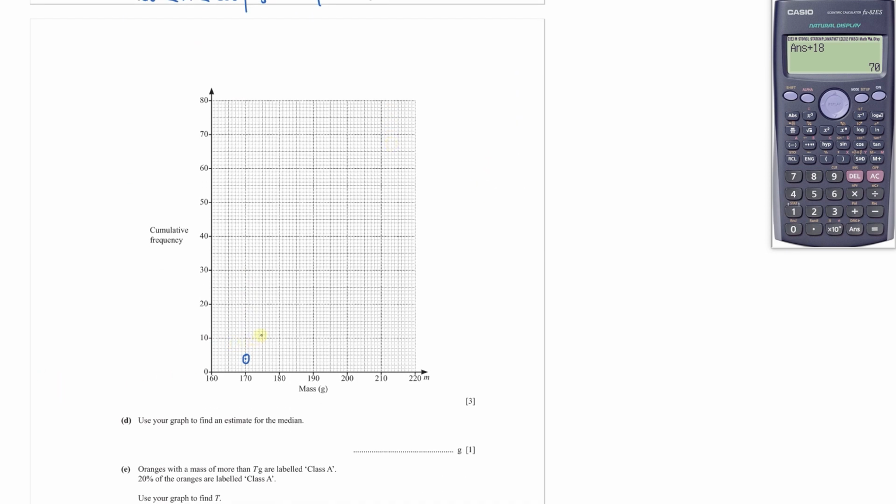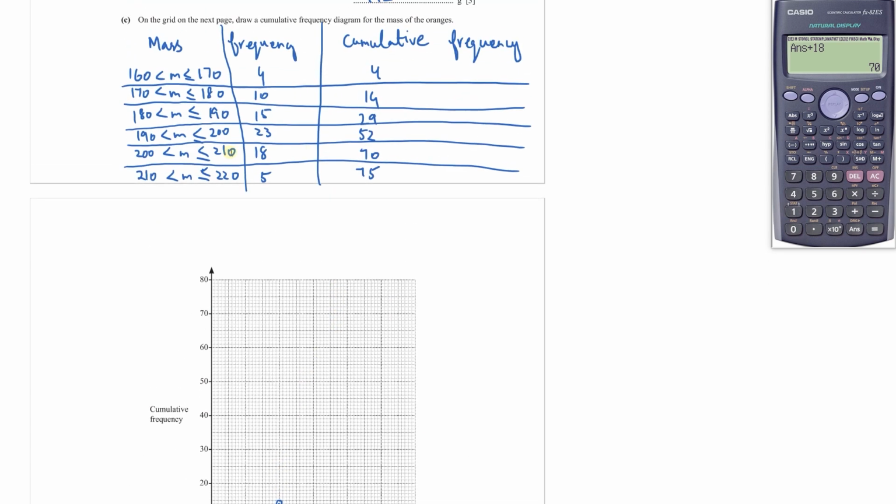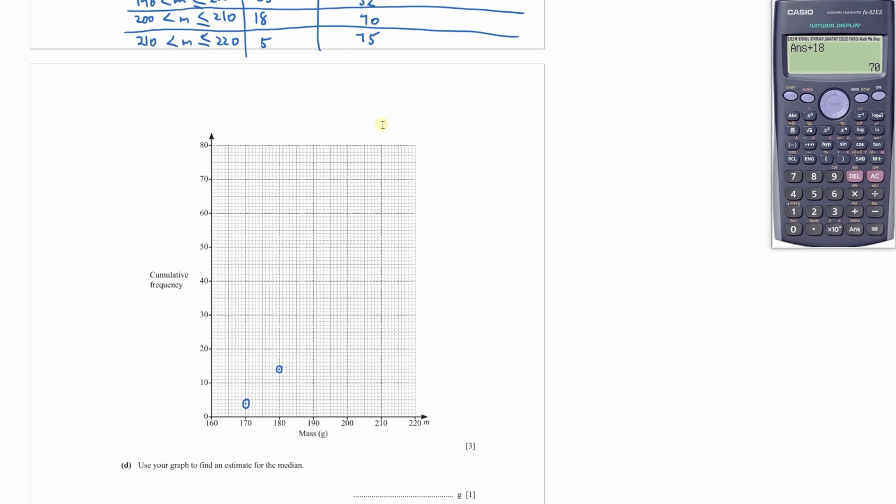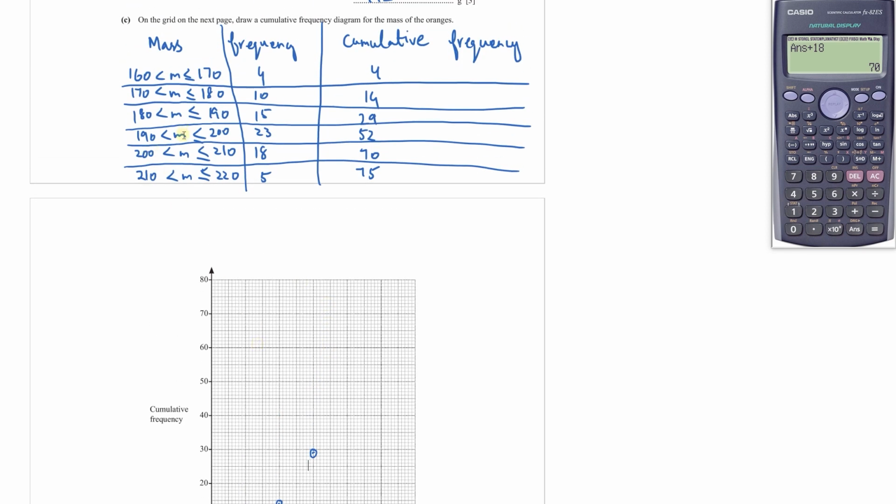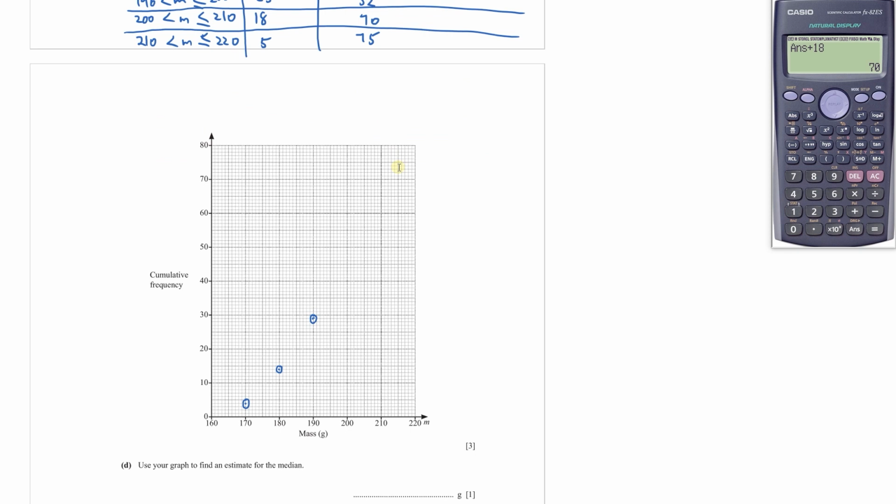So 180 and 14 will be this one. Then you have 190 and 29. 190 and 29 will be this one here. And then 200 and 52.